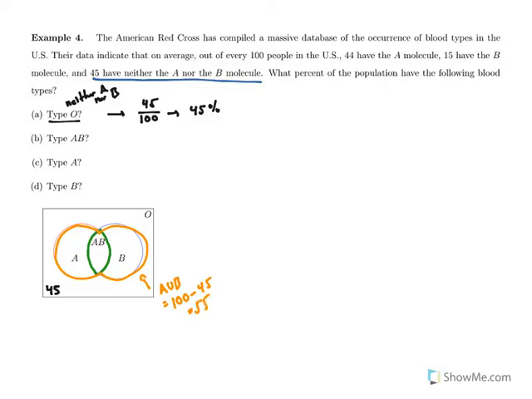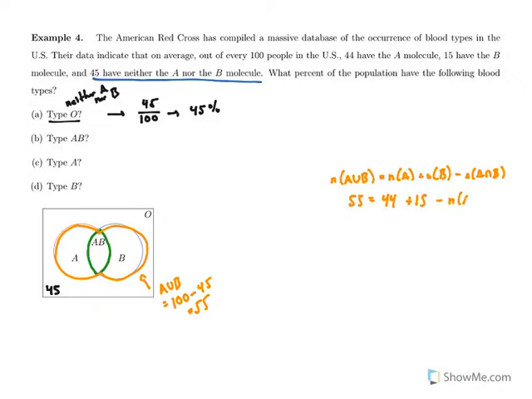So now we can do our counting thing. We have the number of people in A union B is going to be the number of people in A plus the number of people in B minus the number of people in the intersection. So A union B is 55. People in A is 44. People in B is 15.